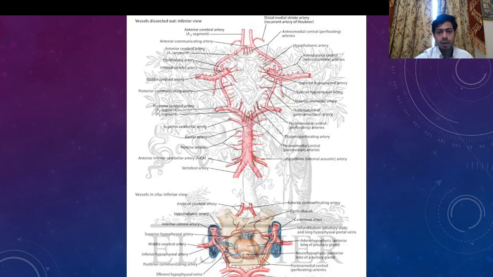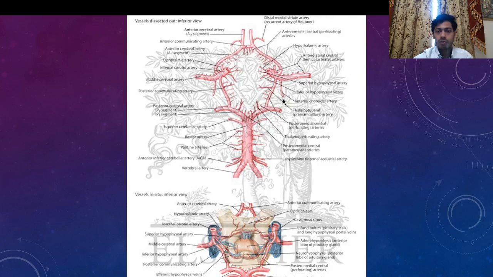That's why quite a lot of the time, if there's any accidents, such as road traffic accidents, and if there's any head trauma, the middle cerebral artery is usually the one which is impacted the most. And because it's the middle cerebral artery, we can have all other different branches of this middle cerebral artery.